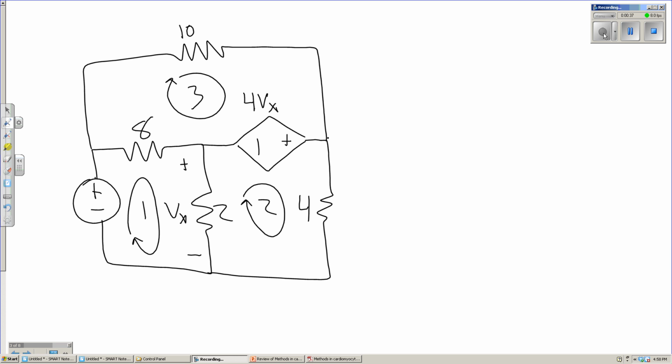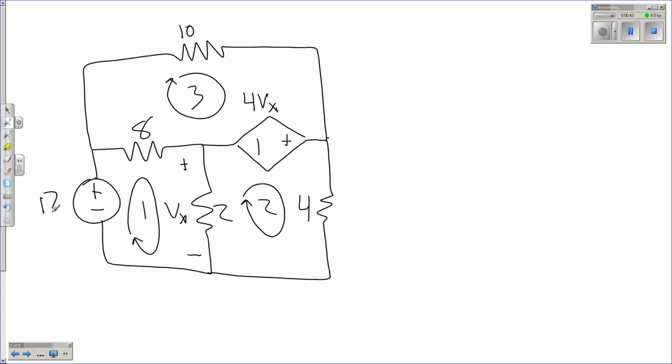Now I've got the same meshes set up here, so let's start our analysis. I suppose we ought to give ourselves a source voltage first. So 12 volts there. Now mesh 1 is going to be our negative 12 volts coming up through the bottom. We go across the 8, I1 minus I3 here.